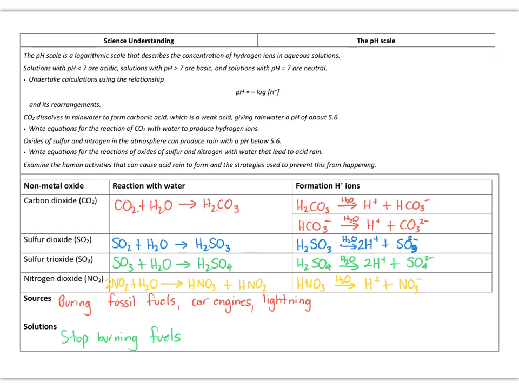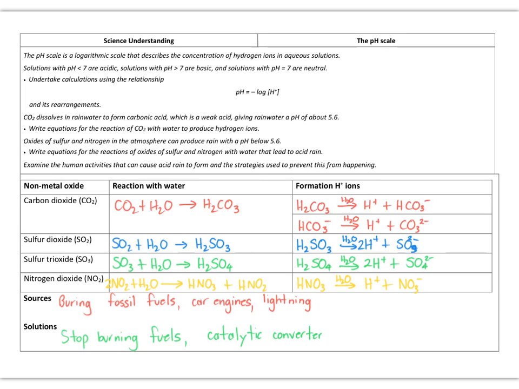But the other thing, which I'll mention now, but we cover the chemistry of next year, is the catalytic converter. The catalytic converter in your car's exhaust actually helps stop some of these emissions, particularly the nitric oxides being released. So that is, maybe if you're interested, something you can have a look at, or if you're not so interested, you can wait until next year and learn about it then.